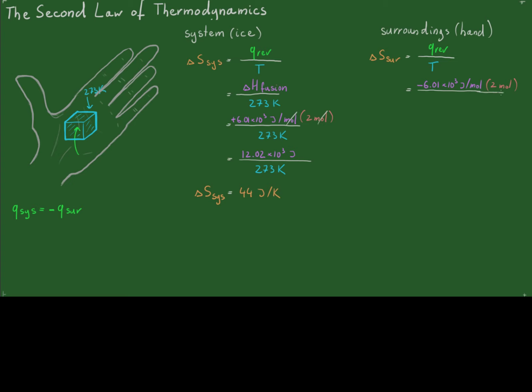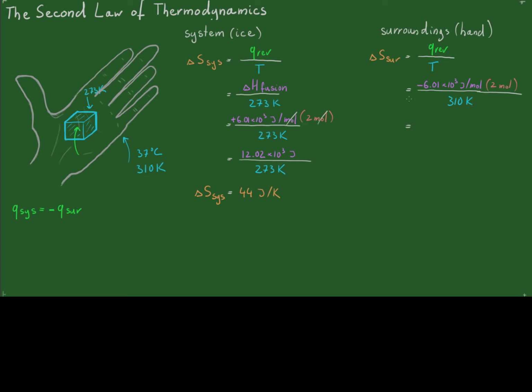And I need to divide that by the temperature. Here you have to be careful again. You might be tempted to put in 273 Kelvin. However, that is the temperature of the ice cube. Now we need the temperature of my hand. And that is 37 degrees Celsius or 310 Kelvin. So we plug in 310 Kelvin.